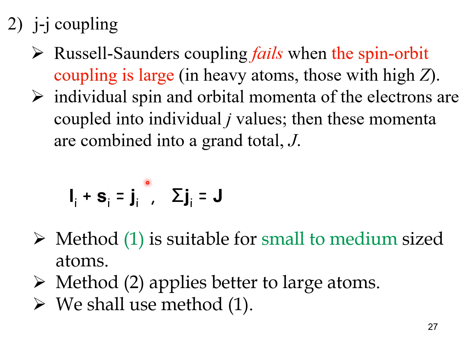From there they find out the respective Jz value. After that they sum up all the Jz values to deduce the J value, the total electronic angular momentum quantum number for the system. We use method 1, which is more suitable for small to medium-sized atoms, and this JJ coupling method is better applied for large atoms. So we shall only consider method number 1.